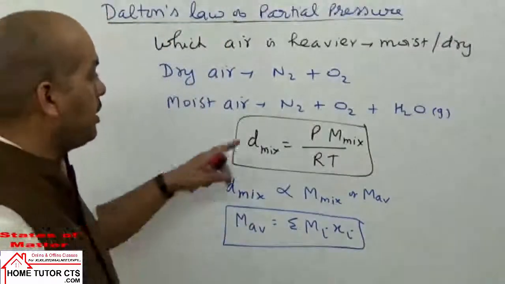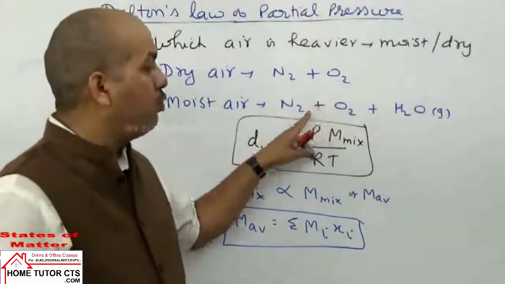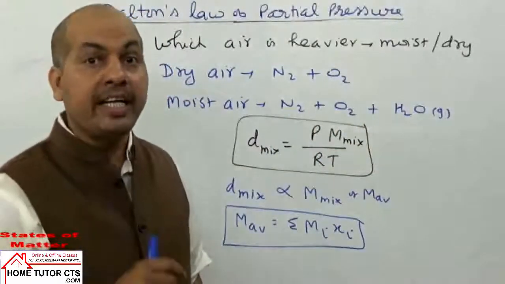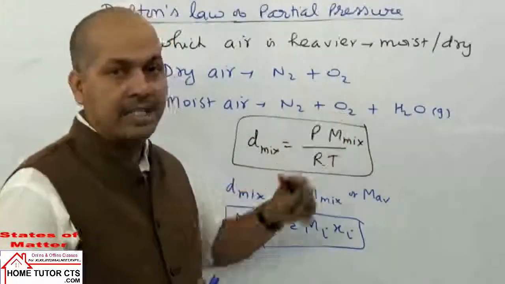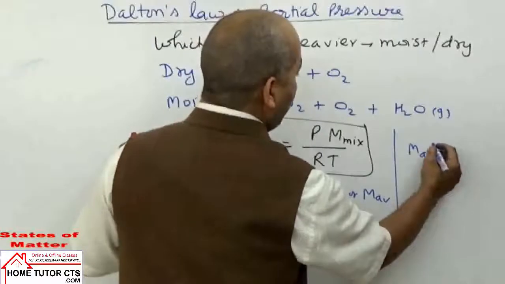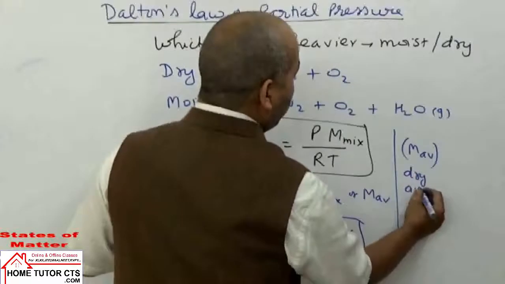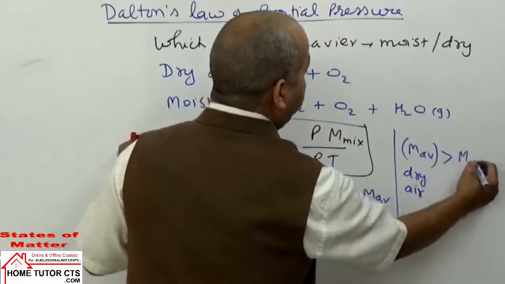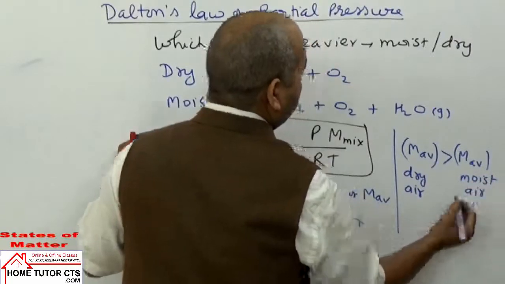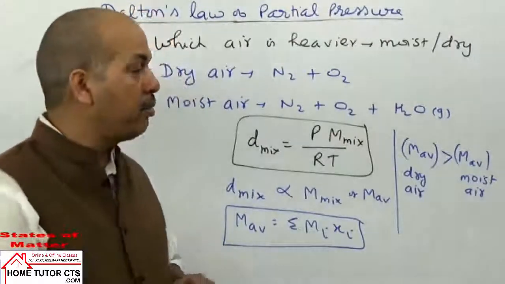You can see easily that N2 has molar weight 28, O2 has molar weight 32, whereas in this case we have one extra component, water, which has molar weight 18, lower compared to both the gases. So the average molar mass of dry air is more than the average molar mass of moist air.